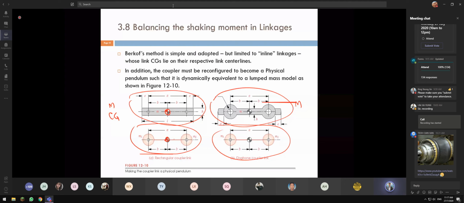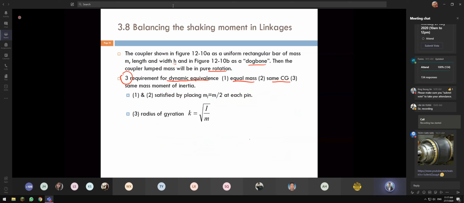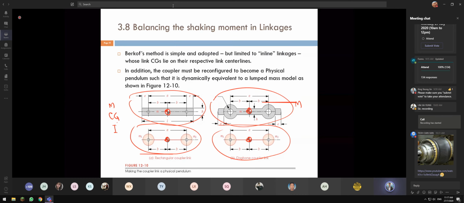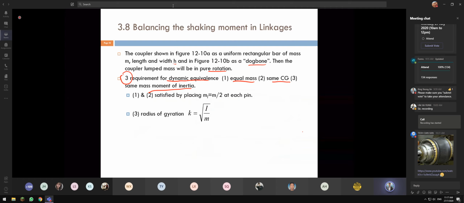So this one is over here. Same center of gravity, and also the same mass moment of inertia, I. So same CG, same I. This is the three requirements.